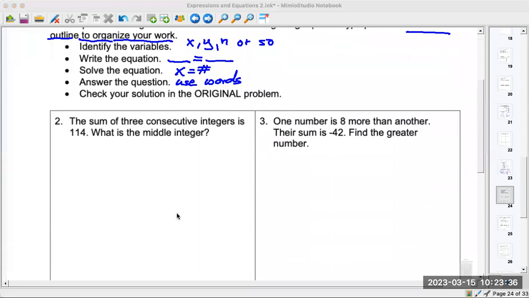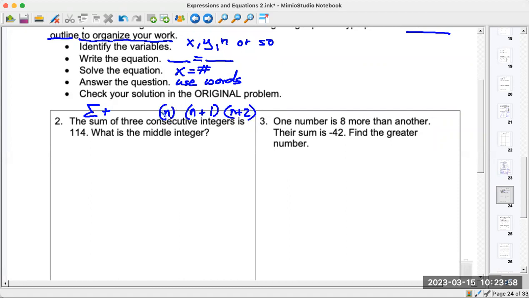Okay, let's write number 2. The sum. Remember, sum is adding. Adding 3 consecutive integers. The first one is n, the second one is n plus 1, the third one is n plus 2. They're next to each other on the number line.